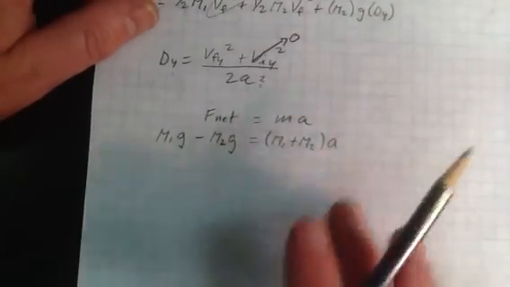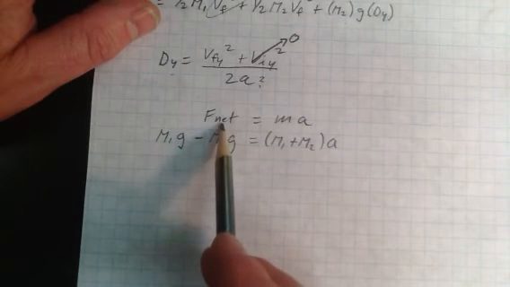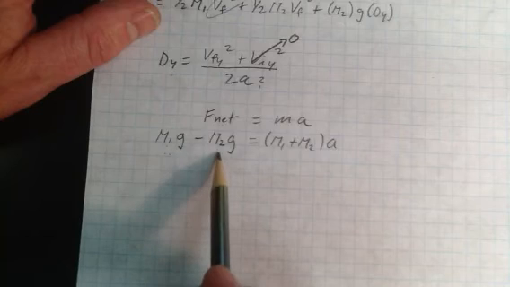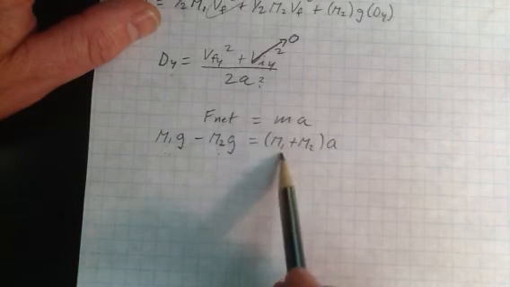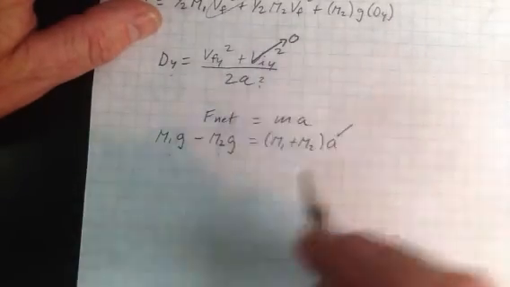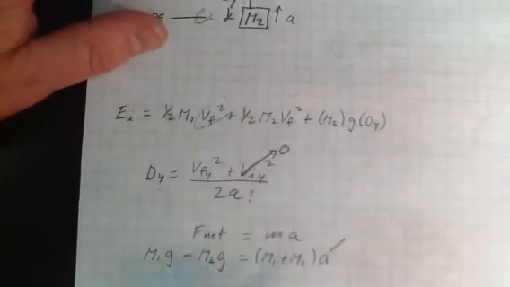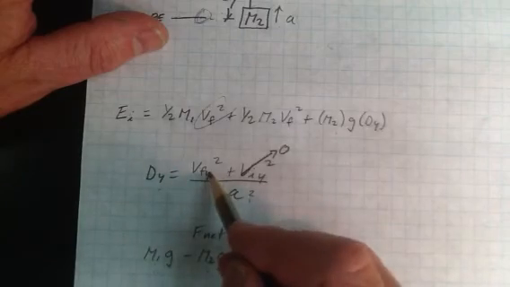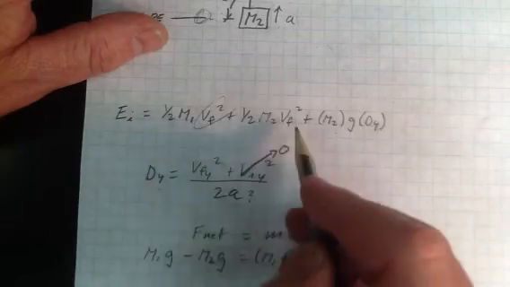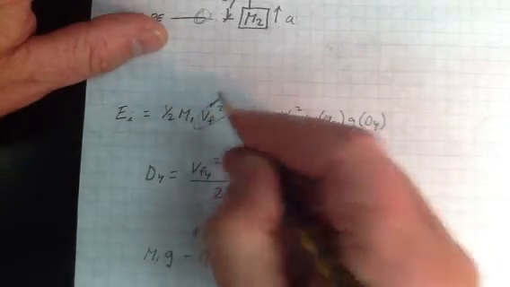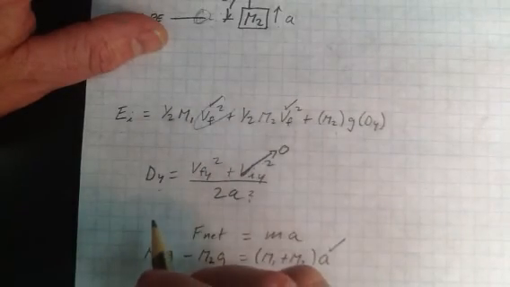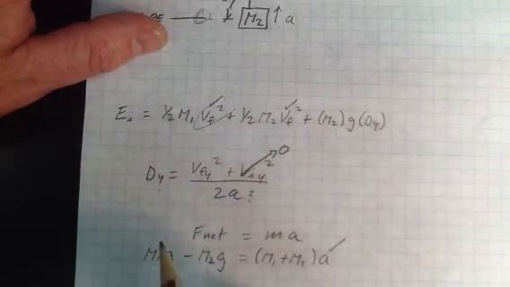The simplest way to think about an Atwood's machine is that my F net, a tug-of-war of the two weights of the masses, is equal to mass times acceleration. So from here we can find my acceleration. From my acceleration, I can find my v final. Since these masses are attached, they have to have the same speed. So I know this, and I know this, so I can finish computing everything.